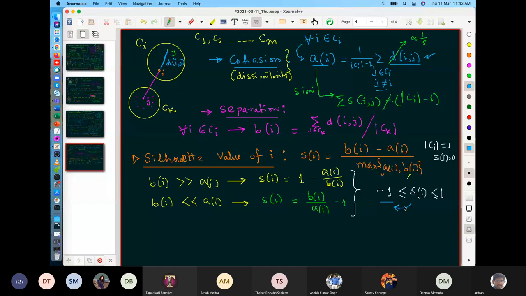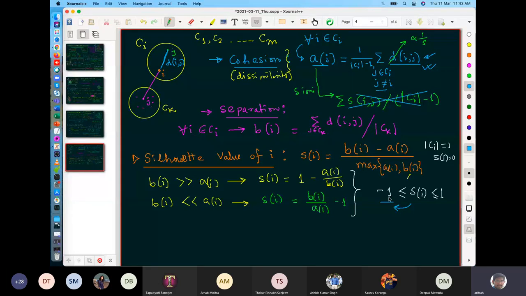Yes or no? Just think of this factor. a_i is the distance. I am not talking about similarity, so forget that, it was an illustration. If a_i is high, that means the cohesion is bad. b_i is less, which means this point is tending towards the other cluster. It looks like it wants to be in the other cluster.